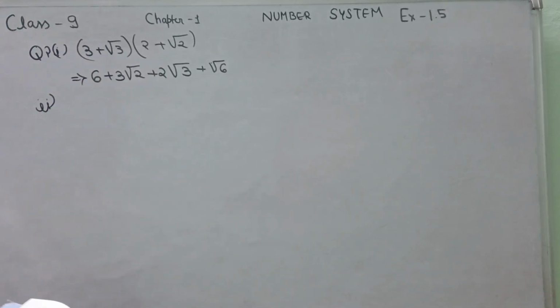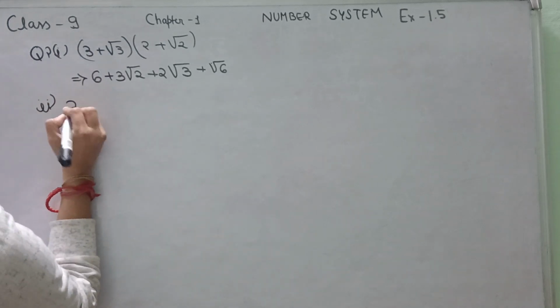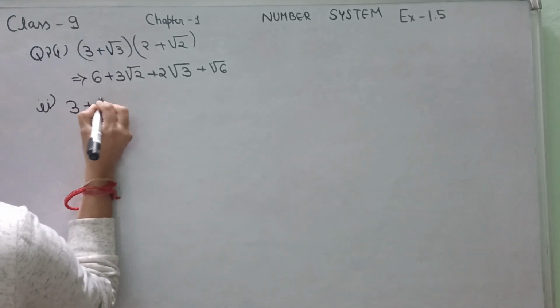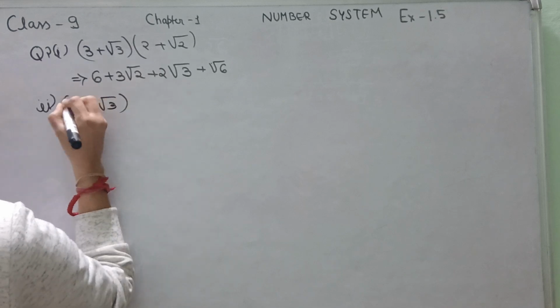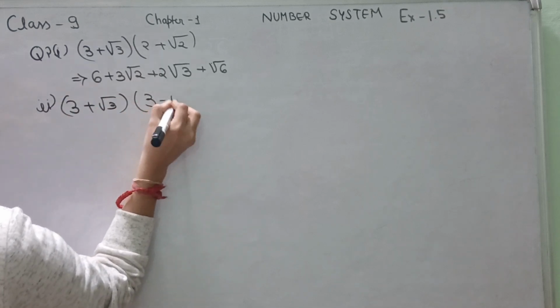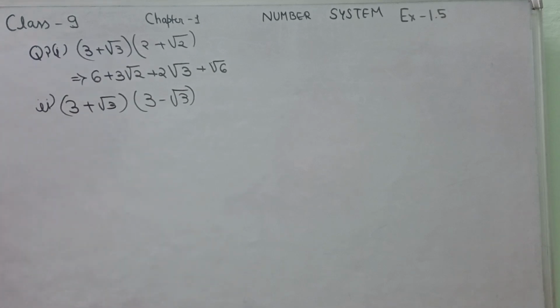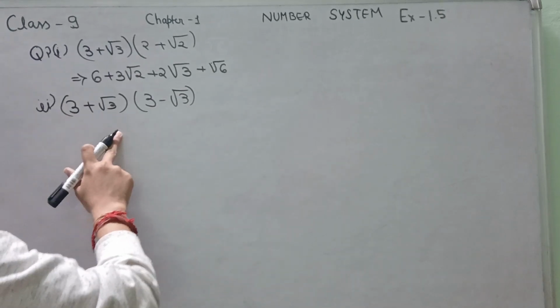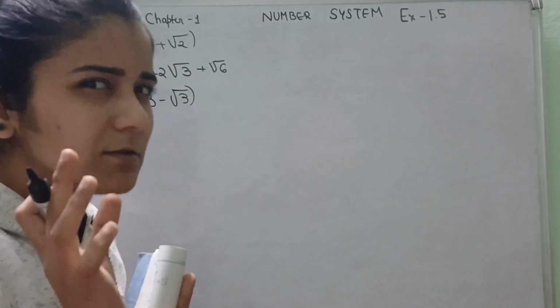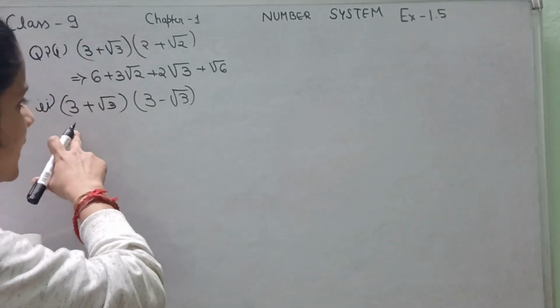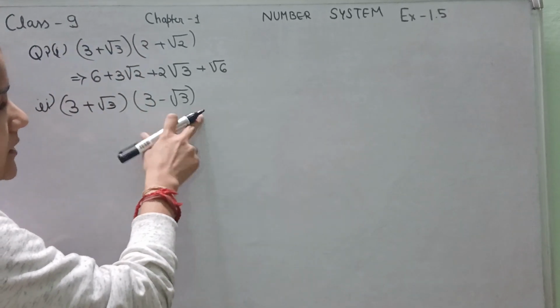Question number second is (3 plus root 3) (3 minus root 3). Can you see it is similar to a plus b, a minus b? Can you see something? There's a plus b, a minus b.